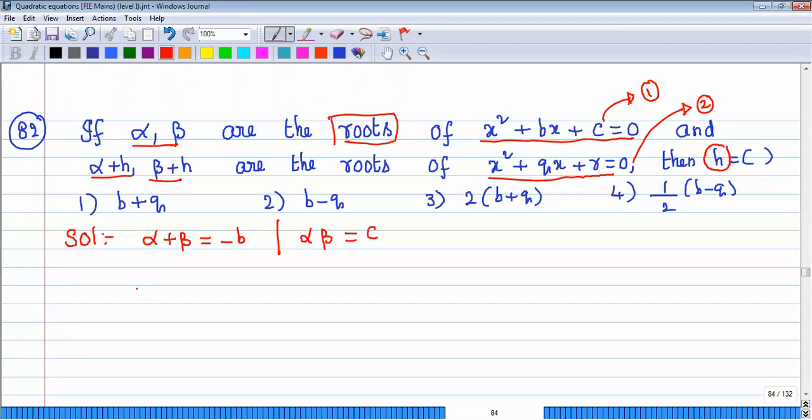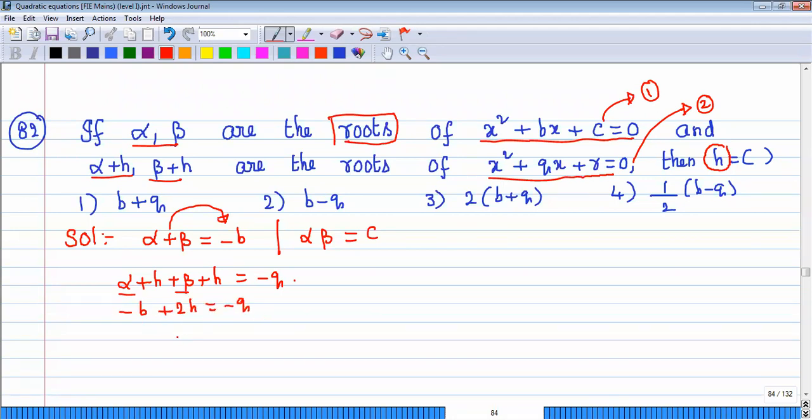Now from the second equation, the sum of the roots, alpha plus h plus beta plus h, equals minus q. Replacing alpha plus beta with minus b, we get minus b plus 2h equals minus q.